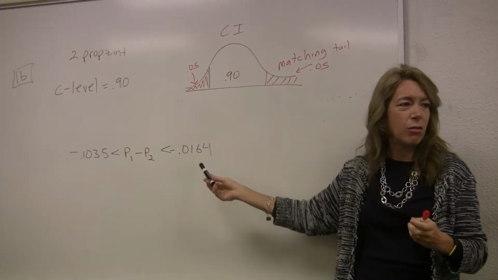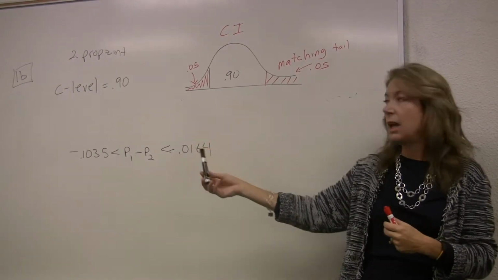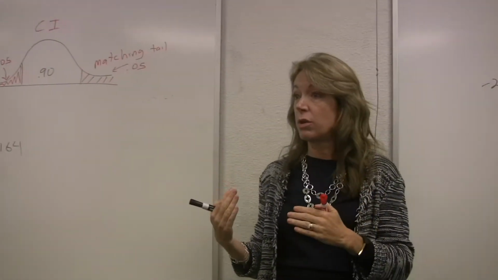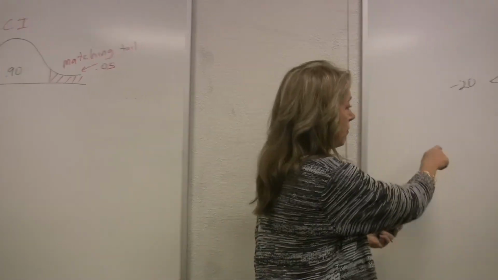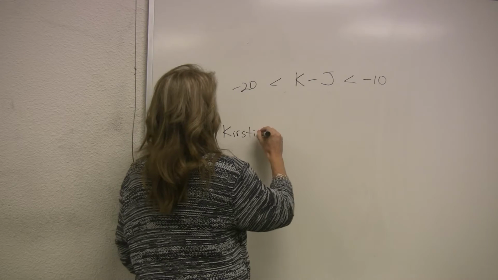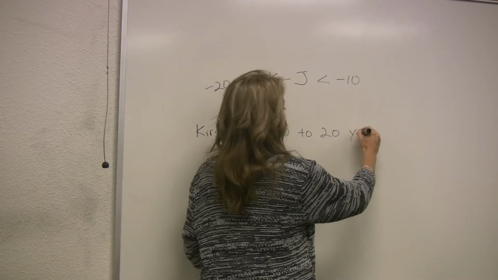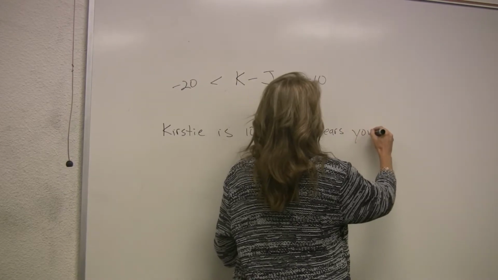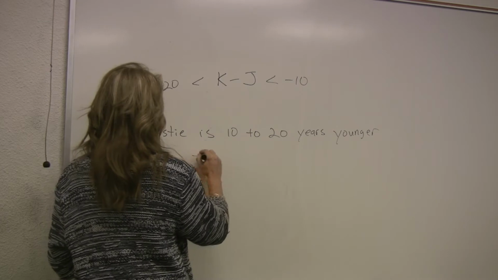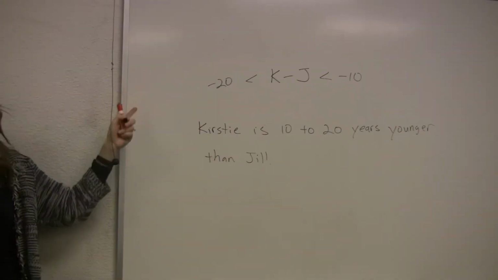These negative numbers don't represent the proportion of students who use drugs now versus 93. It's the difference between those two proportions. If I was to write a sentence for this one, we think that Kirsty is 10 to 20 years younger than Jill. Do we agree that's what this says?